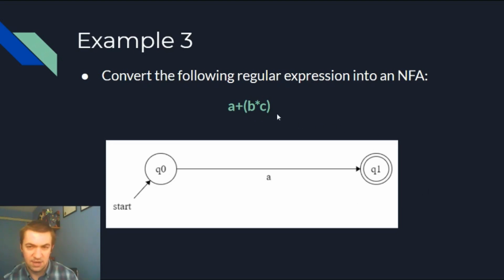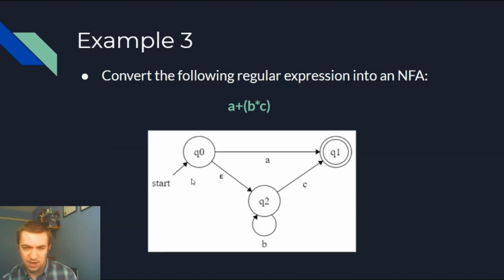Now let's think about the second half of this. Well, we need any number of B's as well as a C at the very end. So first off, we're going to need to branch off from this original trajectory that we might have and pick a second half. So we'll use an epsilon transition to go a different way if we want to consider the other option of this regular expression.